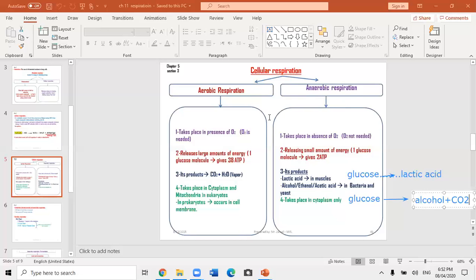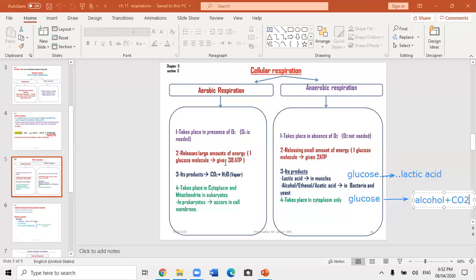So to make a quick difference between aerobic and anaerobic, again we say that aerobic uses oxygen, anaerobic does not use oxygen. Aerobic releases a large amount of energy from molecules of glucose. Anaerobic releases less energy from each molecule of glucose. For aerobic respiration, no alcohol or lactic acid is made.